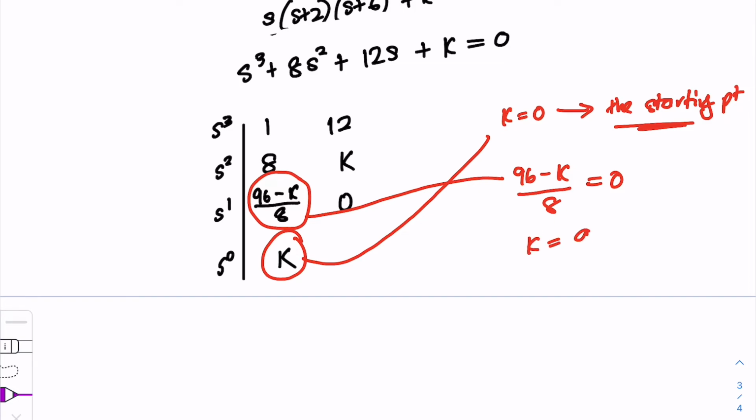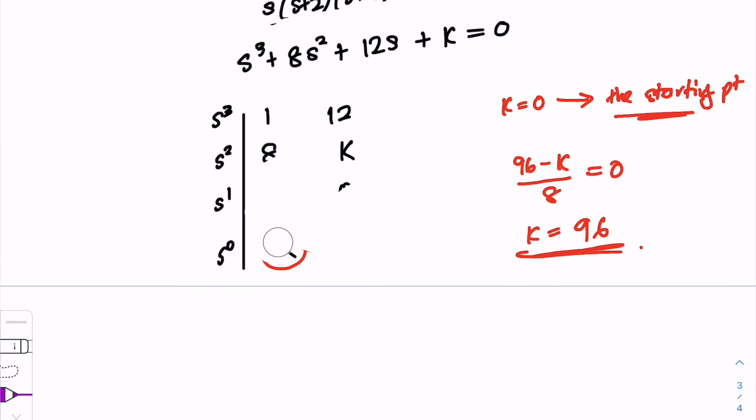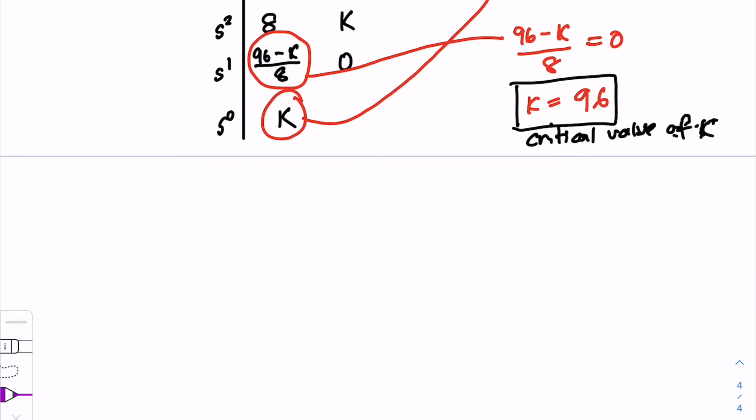So when k equals 96, this is the critical value of k. When it crosses the imaginary axis, your system is about to become unstable, so we call it critical k. It's going to be unstable from that value onwards. Anything more than that, your system will be unstable. So this is the critical value of k, 96.